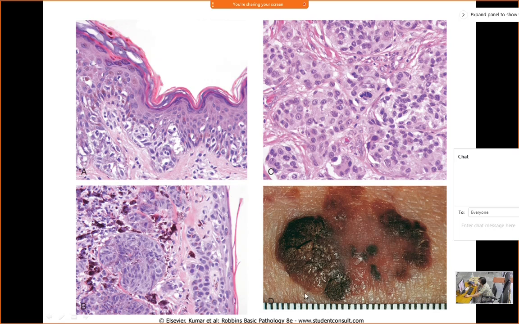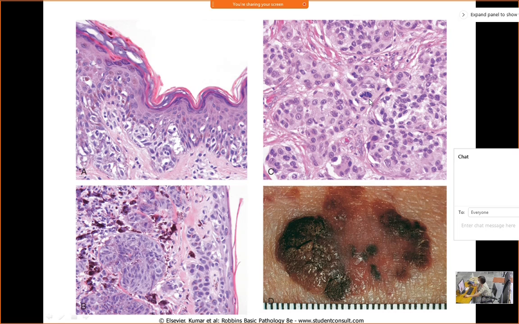And if it is like this, it is quite easy for the clinician also to say that this is probably a malignant melanoma, because it is really large, asymmetric, with different areas. There is ulceration, there are different colors. So clinically this is easy, and microscopically this is easy. The problem is if the tumor does not produce any pigment, which is known as amelanotic melanoma.